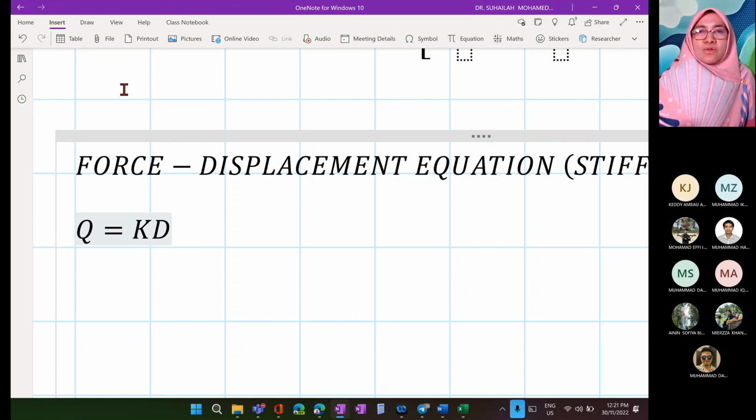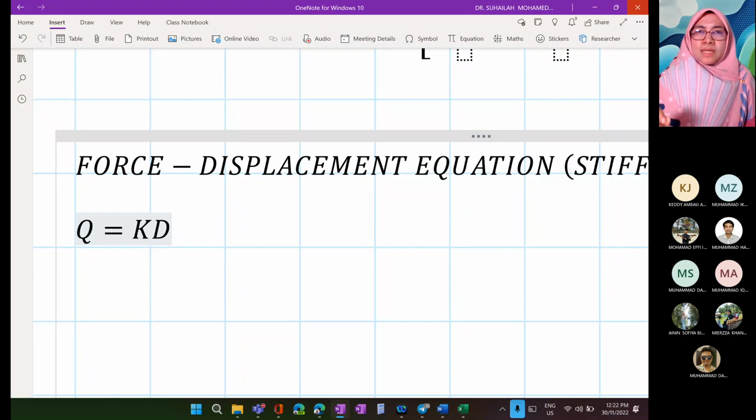We will have six values of Q and six values of D, because it will be the same as the number of K, 6 by 6, the number of degrees of freedom. We will have Q1 until Q6, and D1 until D6, all written in matrix form.